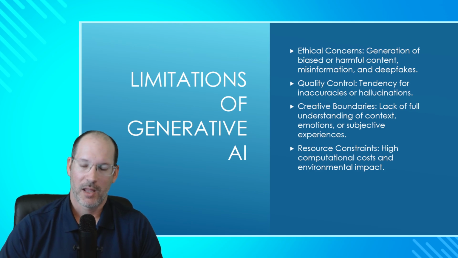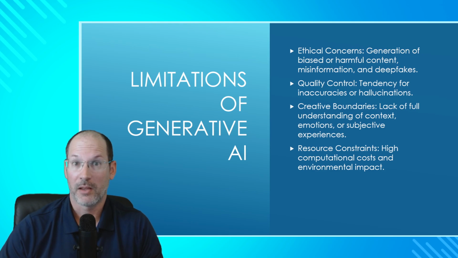For example, let's say you're trying to work with a generative AI tool to develop some material, some content on maybe a historical topic, and those AI tools were never trained on a particular, let's say, ethnic group of people that are central to a particular type of topic in history.